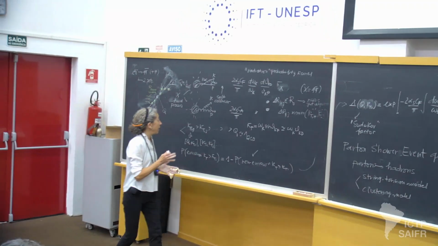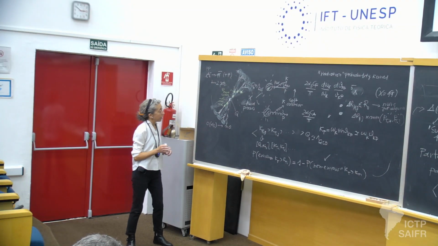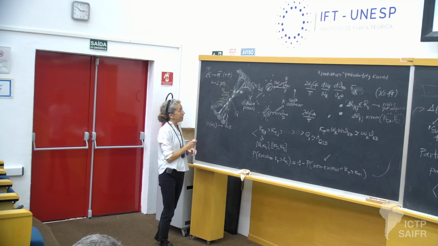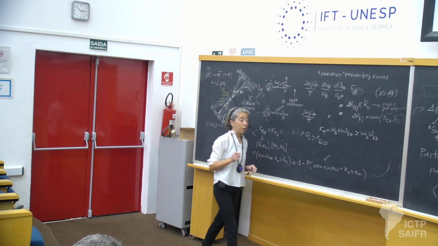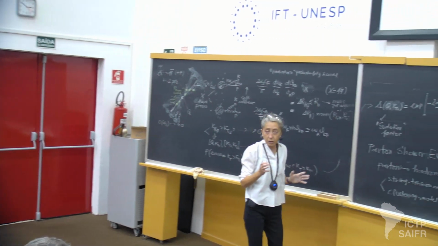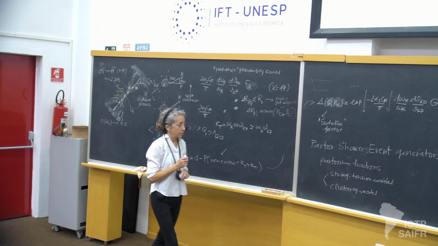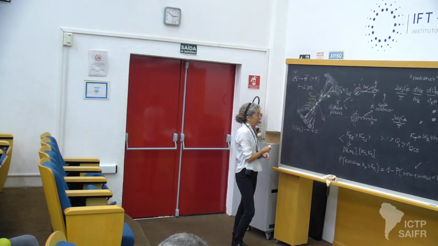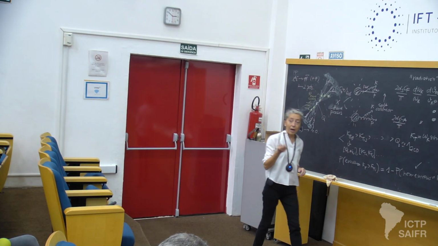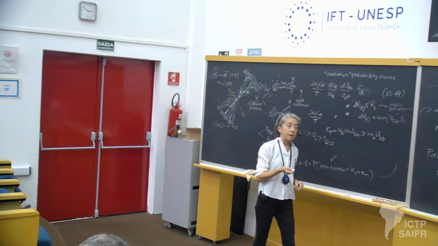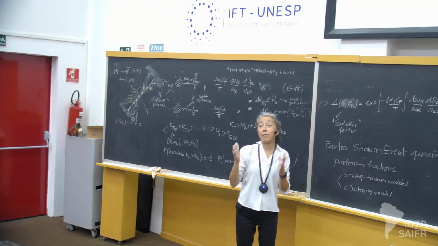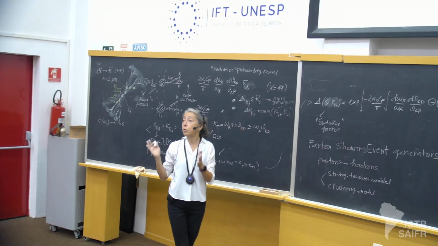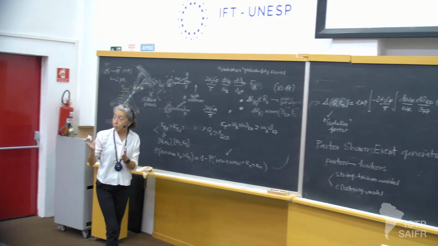And the uncertainty that they are introducing in our calculation, I will show you examples of that, is not large, it's actually very small. I wouldn't say under control, but it is apparently small. Because we can look at things like the multiplicity of hadrons, and we can calculate, for instance, the average multiplicity of gluons, or the average multiplicity of hadrons.